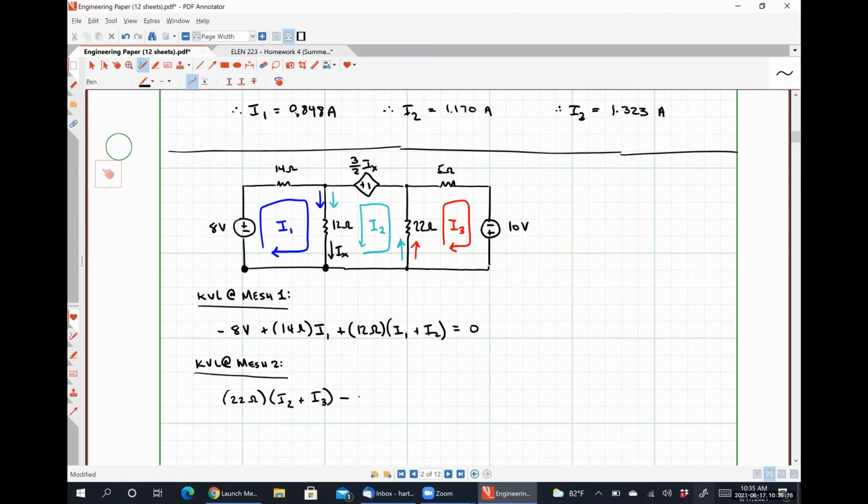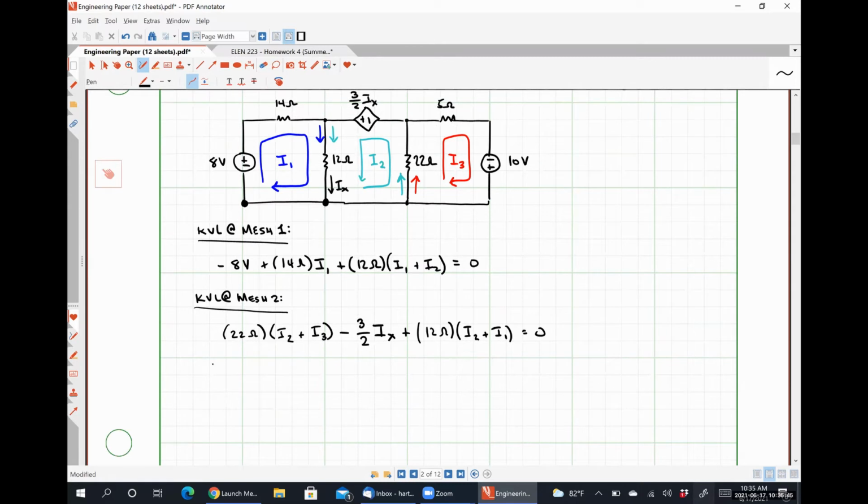So that's going to be negative 3/2 IX. And then finally, we are going to see the 12 ohm resistor. And we are going to see that I2 is flowing down and I1 is also flowing down. So we're going to have I2 plus I1. Set this guy equal to 0.